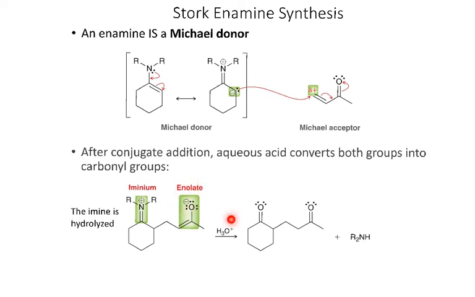If I then react this with H3O+, I end up with 2 carbonyl compounds. When we learned about enamines, hydrolysis of an enamine gave us a carbon-oxygen double bond. And then, of course, when I protonate the enolate, it'll give me an enol, which can then tautomerize to give me the ketone.